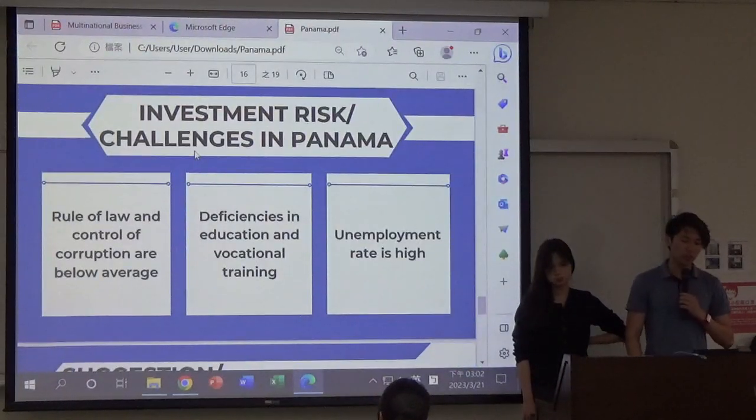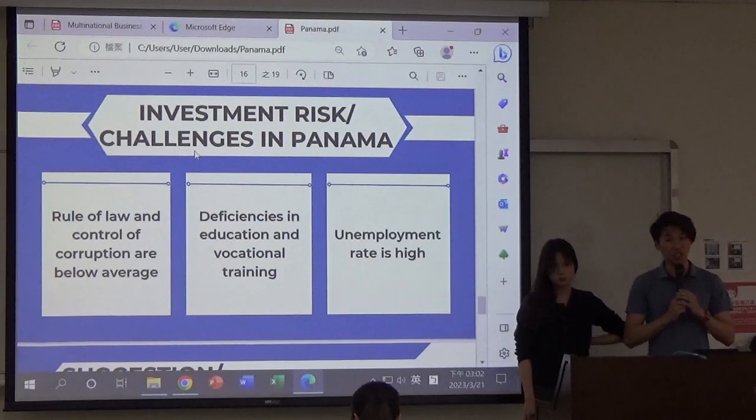Now, talking about some of the investment risks, they have rule of law and some issues around corruption. But this isn't something that has deterred many multinational businesses, given they have sufficient capital as well as other means of navigating bureaucracy.